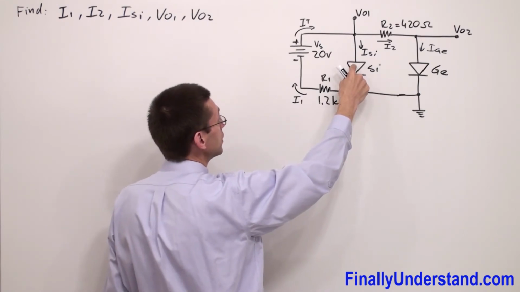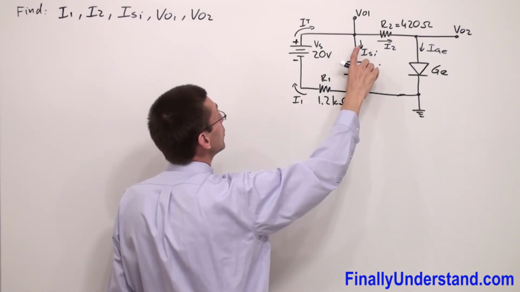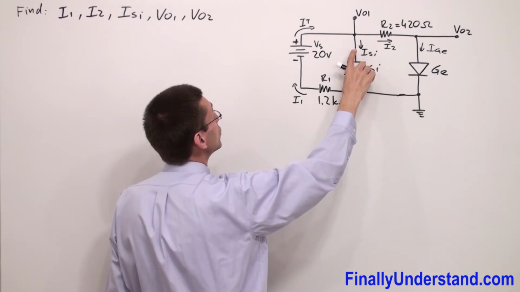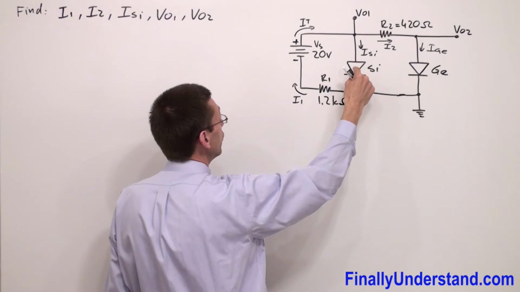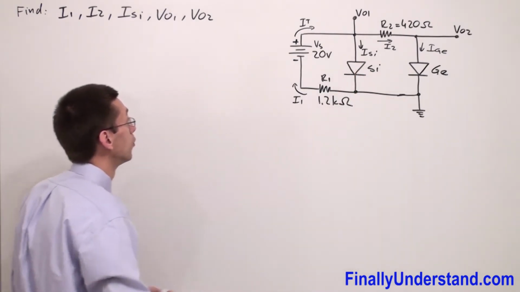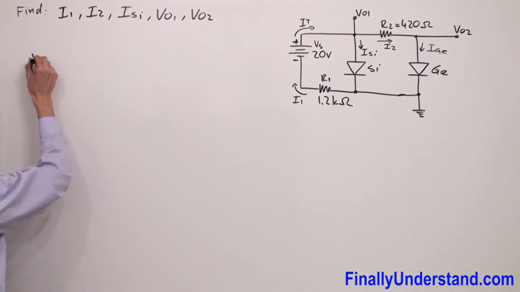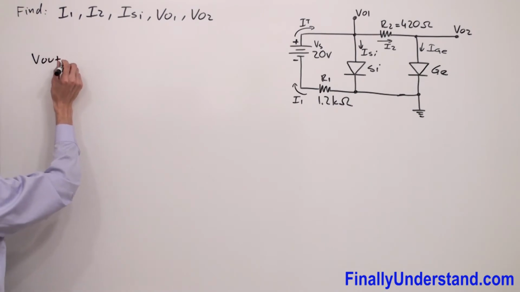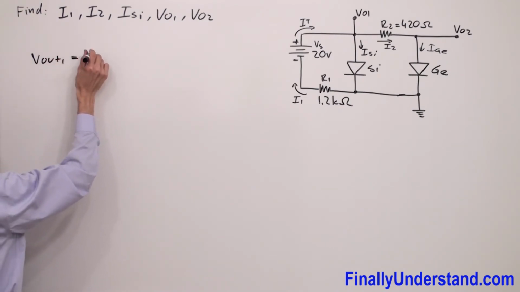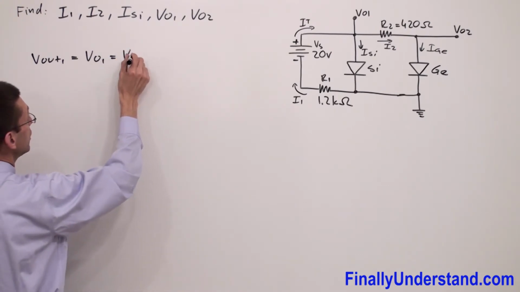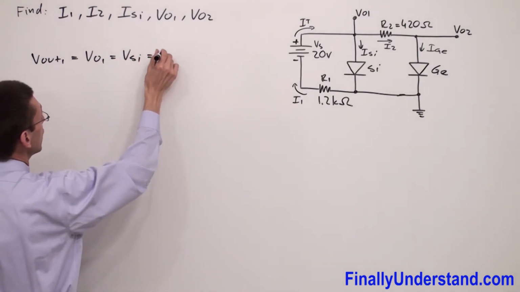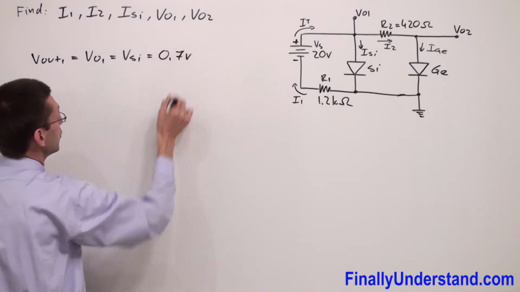So the voltage drop across this diode is equal to the transition voltage. So the voltage out 1, V out 1 or VO1, is equal to V silicon, which is equal to 0.7 volts.